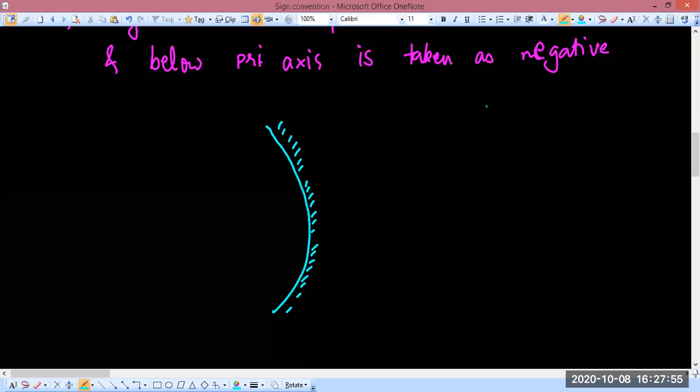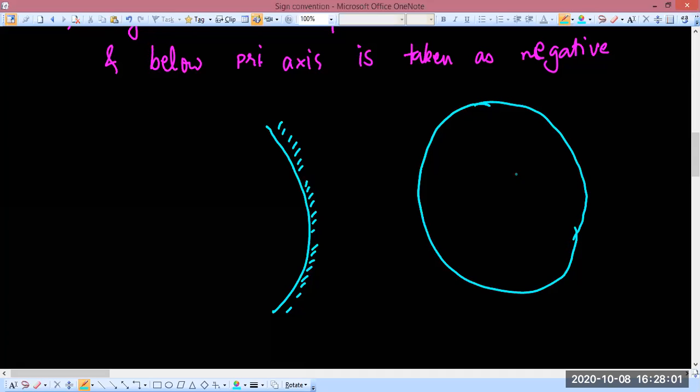If you think that there is a big glass sphere, and then they cut it. Suppose it is cut away from here, then the portion that remains will be like a ball. Do you agree with me? This portion would be like a ball.